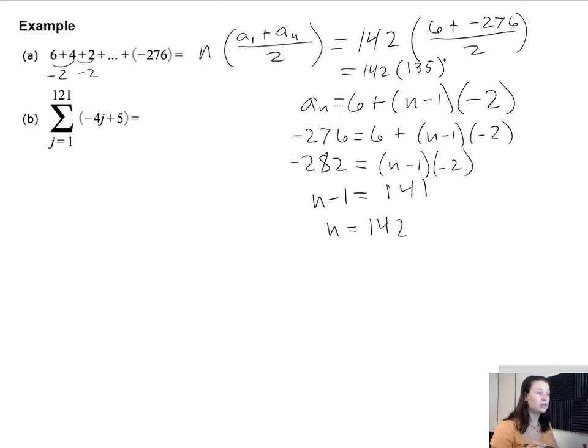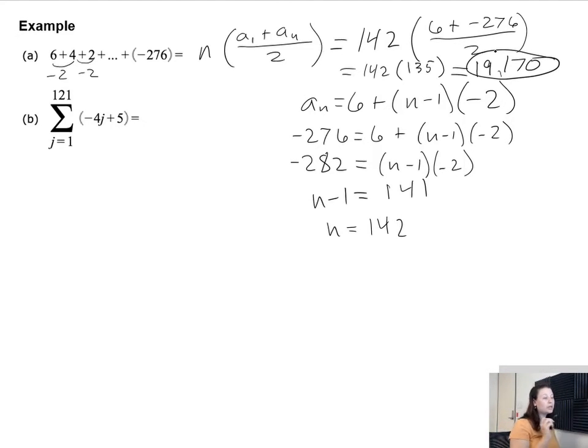So then multiply those together, right? So we have 135 times 142, and we get that the partial sum, or the sum of the first n terms of this sequence, is 19,170. I wouldn't put a comma here just because then, right, Alex thinks it's 2 answers sometimes.